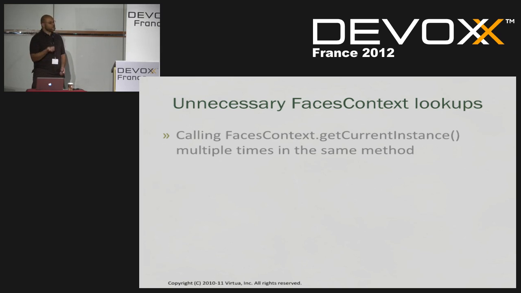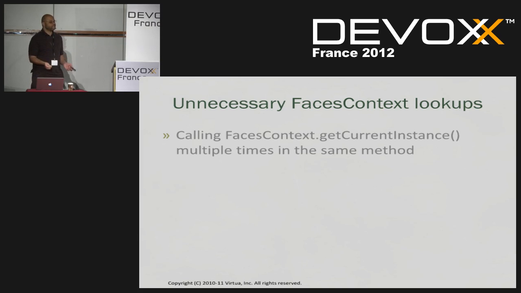The only problem with calling it all the time is that the FacesContext object is a thread local variable. Thread locals are a Java JVM feature that allow you to associate an object with a particular thread. That makes sense in a servlet environment because each request coming in is handled in a separate thread. The problem is when you retrieve a thread local variable, it's expensive. It takes time.